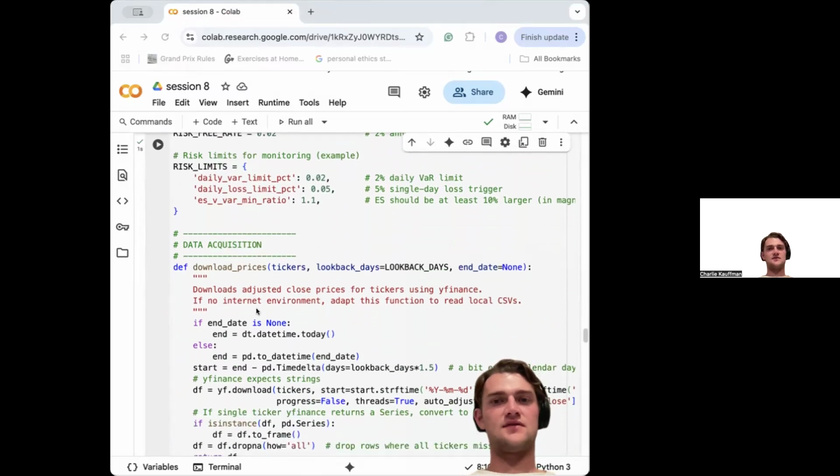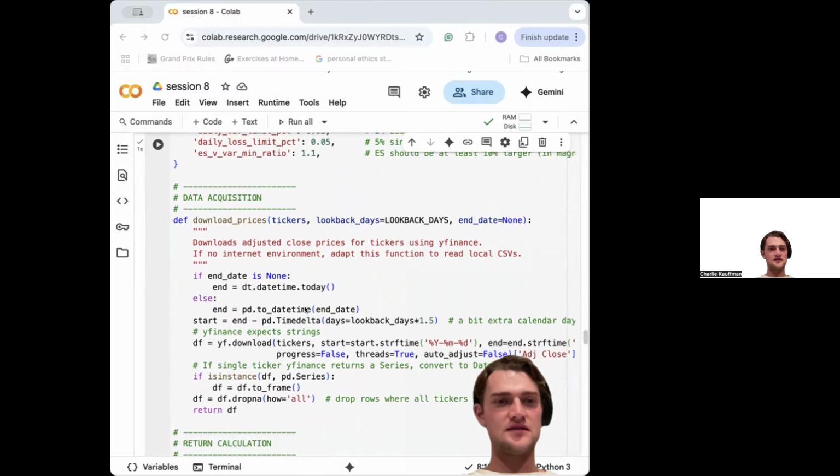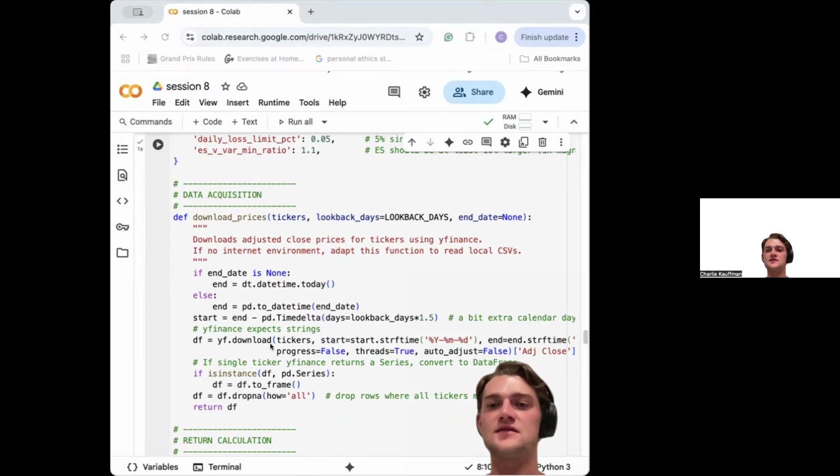So these lines define the download prices. Oh, here. Sorry, I was on it already. And this tells Yahoo Finance to get the adjusted close prices for all of our tickers between the start and end date.